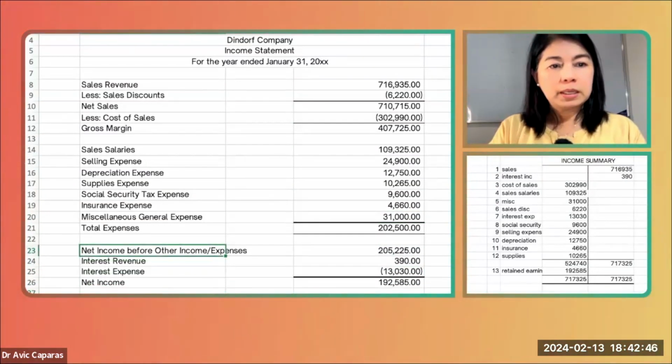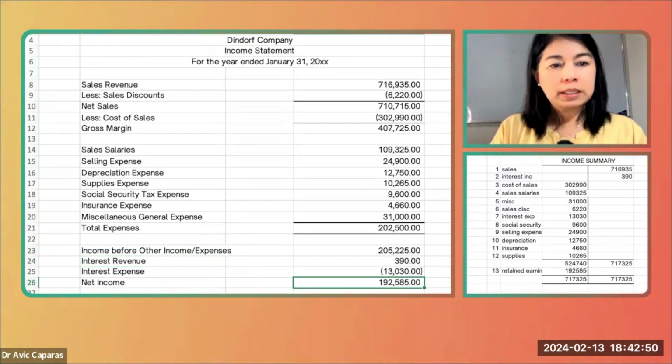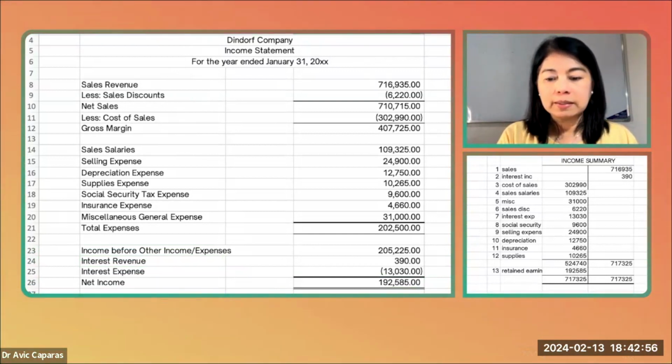We can just do this income before other expenses, other income, and this one is our bottom double, 192,585. Did we get that? 192,585. Okay, so somehow it's easier when you have the income summary. So it's easier to come up with the income statement.